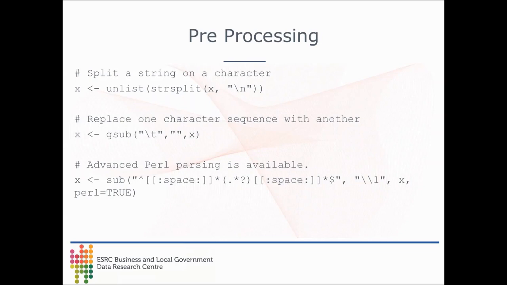We can do simple character substitutions, and we can even strip out specific characters. In the first line there, it's stripping out the new line character \n from our data frame, which is X.